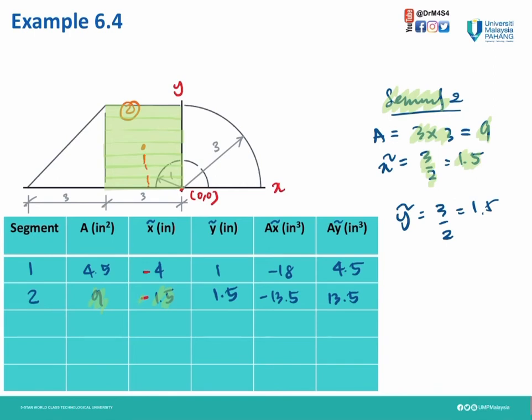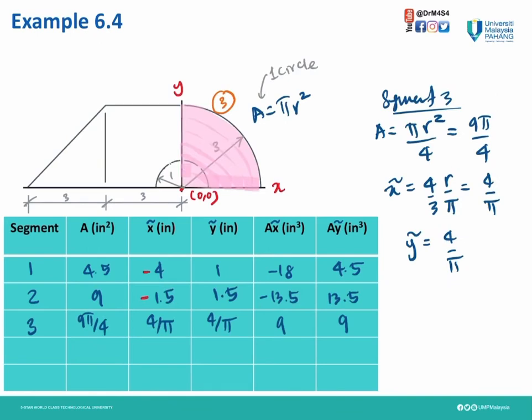Therefore, it's negative 1.5. Then for y bar is 3 divided by 2, 1.5, so 1.5 on the positive axis. So we can calculate our A x bar is negative 13.5 and A y bar is 13.5.